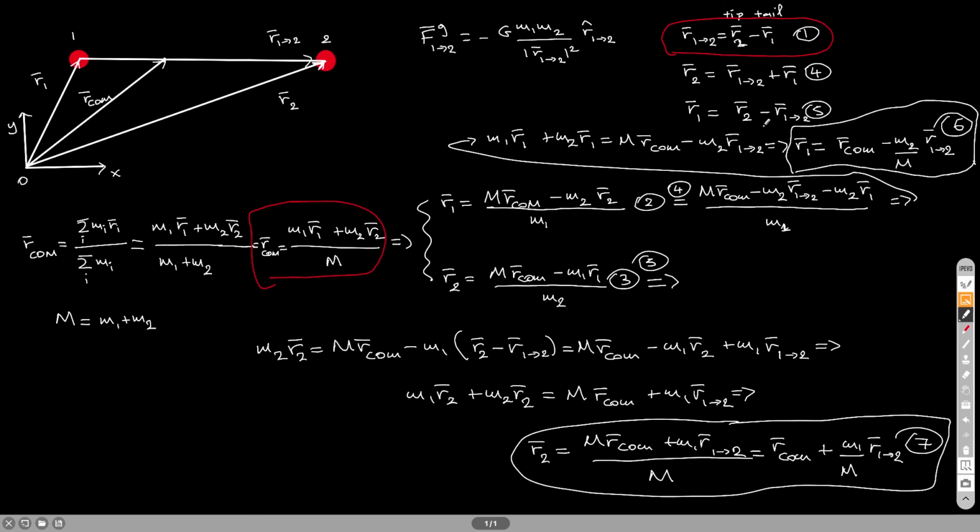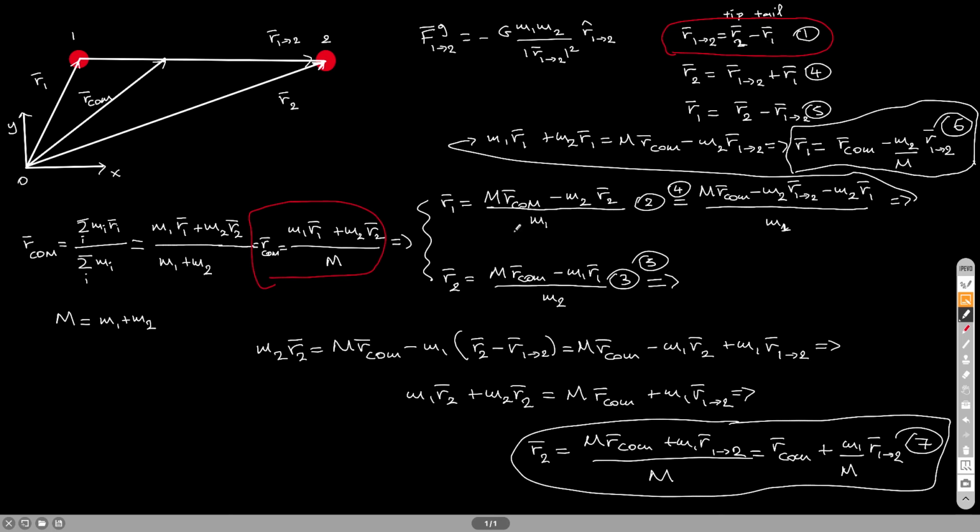Okay, now with these two equations, with equation 1 and with this one, I have the position of the center of mass and the relative position vector written as a function of r1 and r2. The work that I did was really to have the opposite of that. On the left side, I have the relative position vector now and the r of the center of mass, and I have r1 and r2 on the right side.